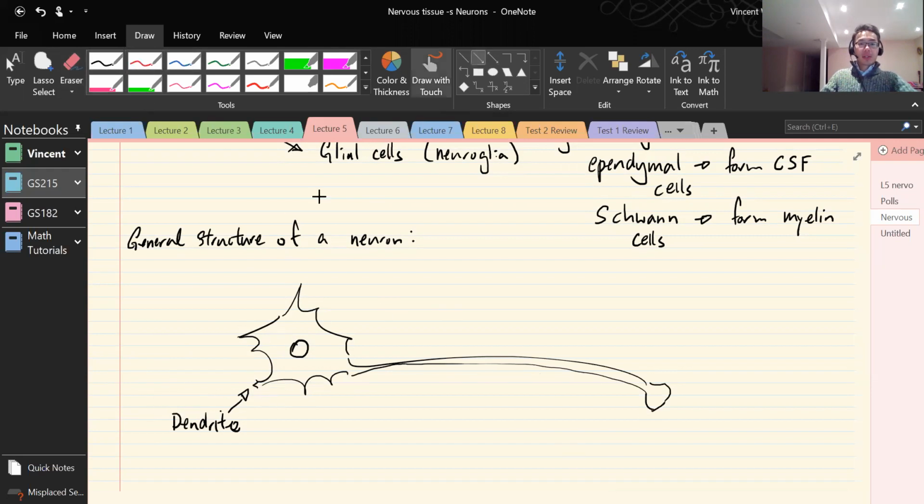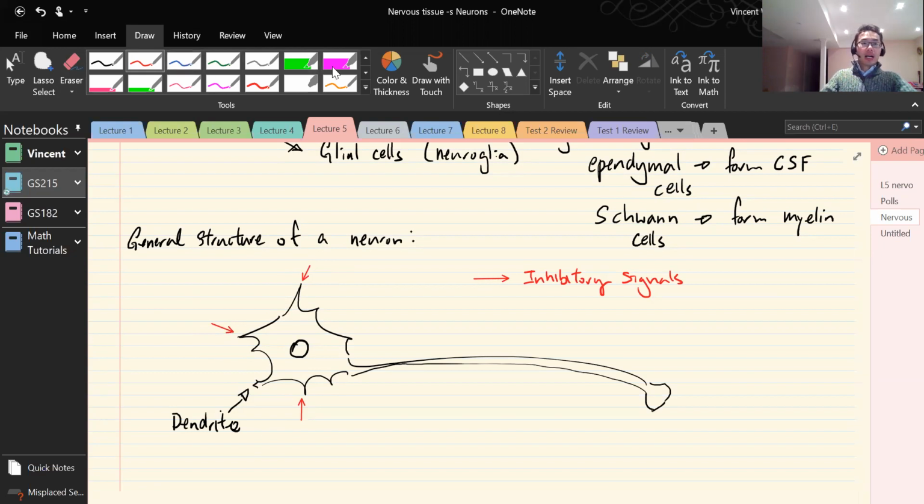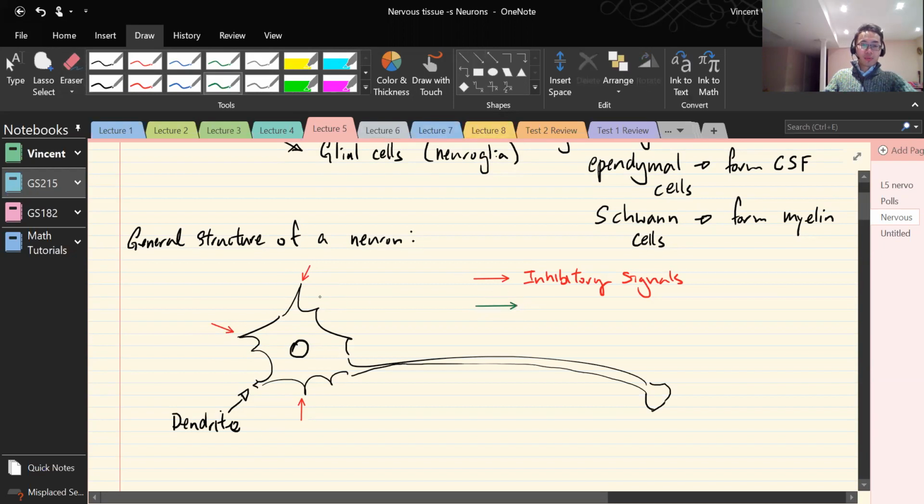Now, the signals that are coming in could be like red signals. We call these inhibitory signals. Basically, if you have a lot of inhibitory signals, then it's telling the neuron to not do something, do not pass on the message. And at the same time, we can also have these green signals coming in, and the opposite of inhibitory is excitatory.